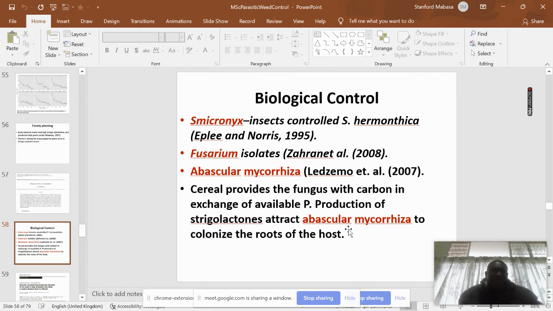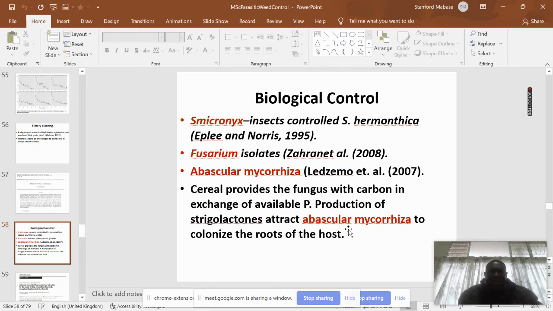It has to be thoroughly checked. Then Fusarium, the same thing. But there are opportunities for probably developing a Fusarium as a strategy in controlling Striga in Zimbabwe.